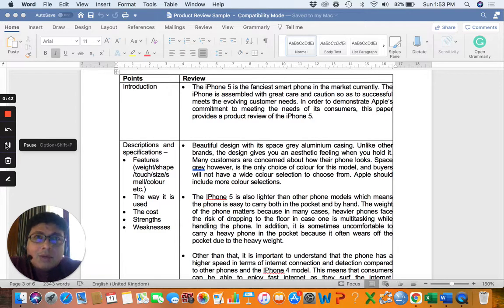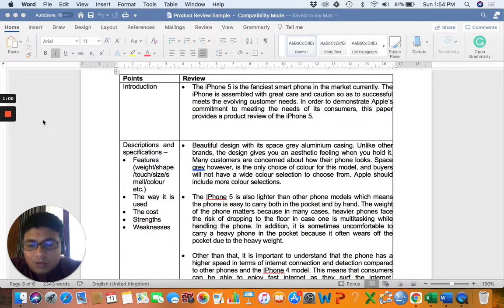So the process of presenting a product or a service review is similar to the process of writing a product review. When we are doing a presentation, we have to follow a certain format. The same goes when we are writing. When we are writing, we have the introduction, the body paragraphs, and the conclusion.